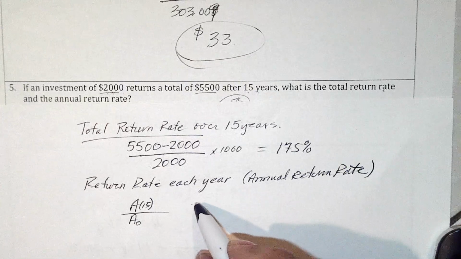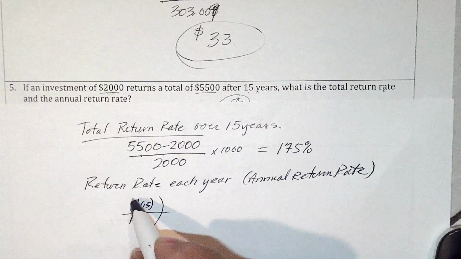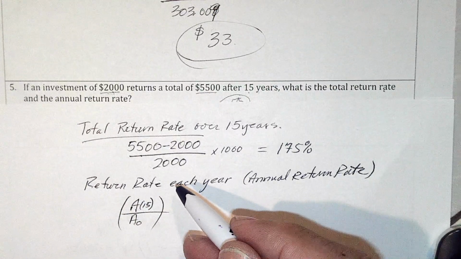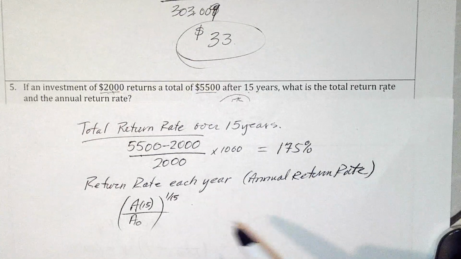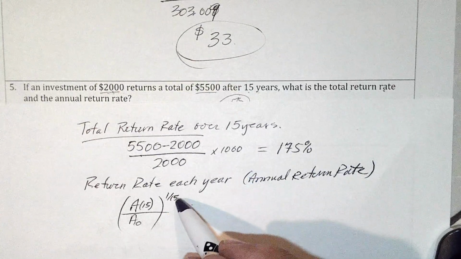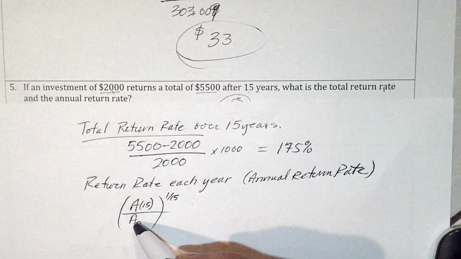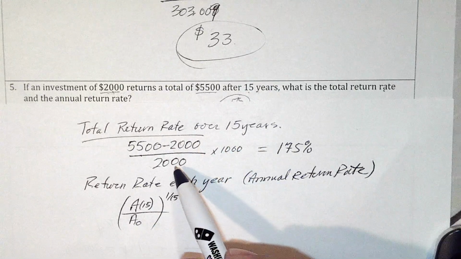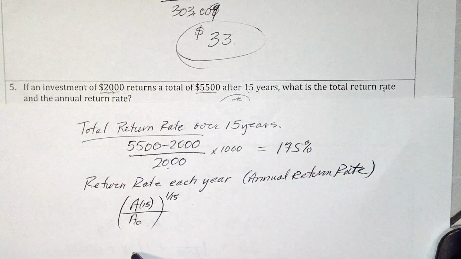Then we take that to the 1/15th power. So we're taking the 15th root of this, because this thing multiplied 15 times the original amount should give you the 5,500. That's kind of what's going on here.